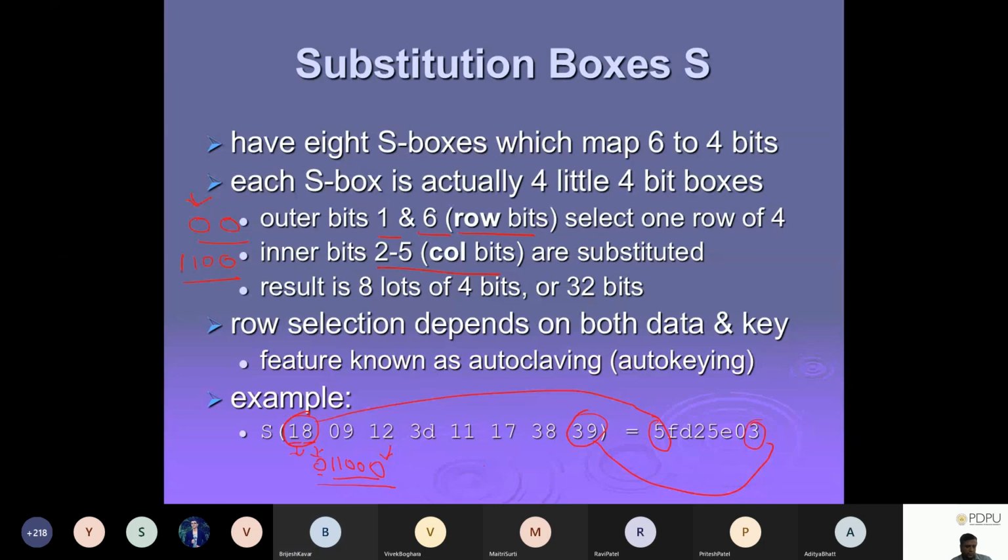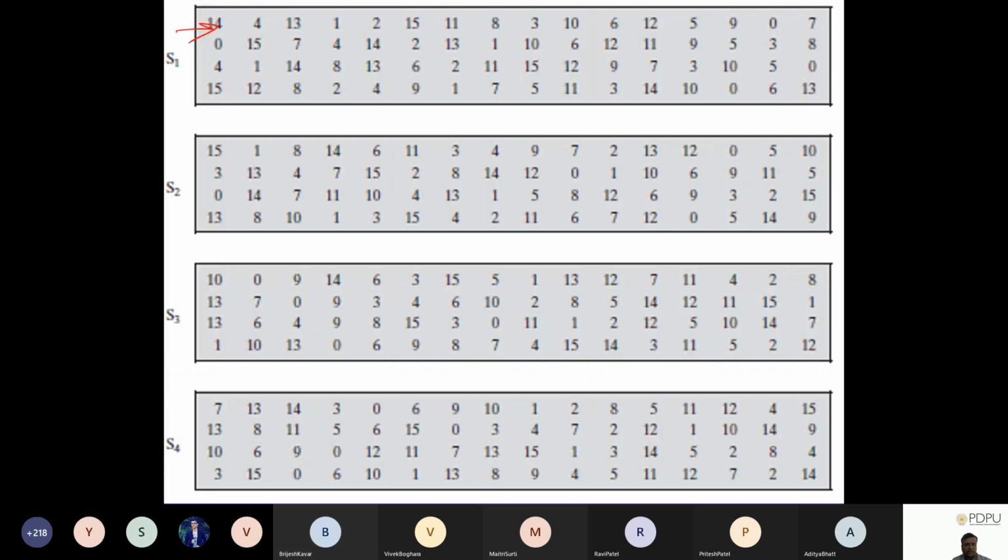It is 12. So the row is 0; if we count 1, 2, 3, 4, 0 is actually the first row here. It is simply a 2D array, row into column, right? So this is 0.